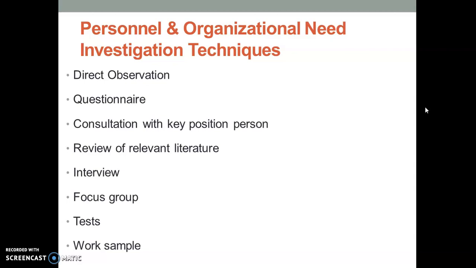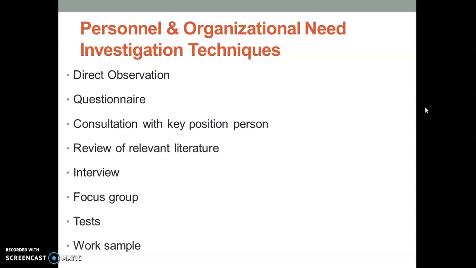At the individual level, maybe the person is looking forward for certain enhancement in their area, and maybe the organization is looking forward for more efficiency by the individual in the work dimension. So these are the two dimensions under which we are going to get the feedback related to individuals' training needs, and in that we have got certain techniques to investigate these needs.